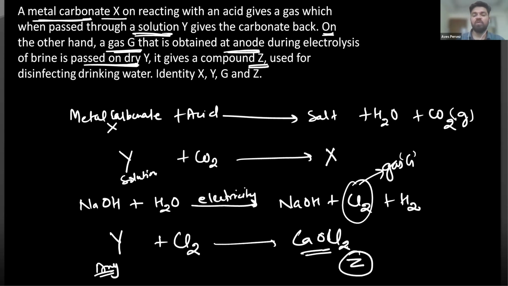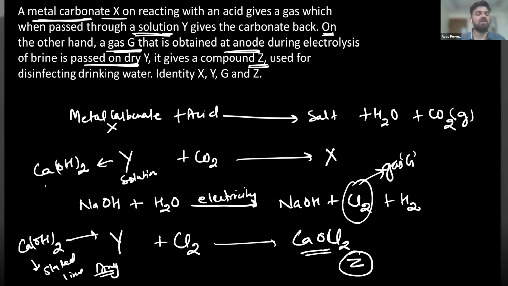Through which compound is chlorine gas passed to get bleaching powder? It is calcium hydroxide, slaked lime. The solution of this is called lime water.